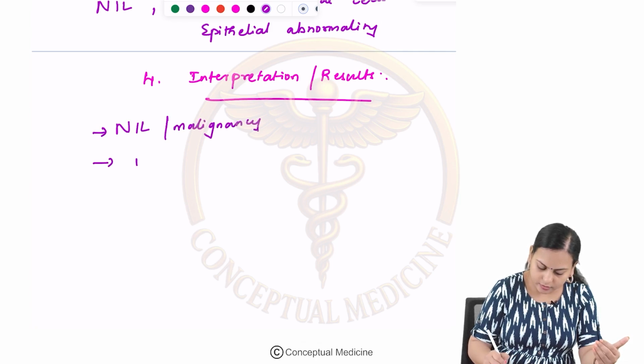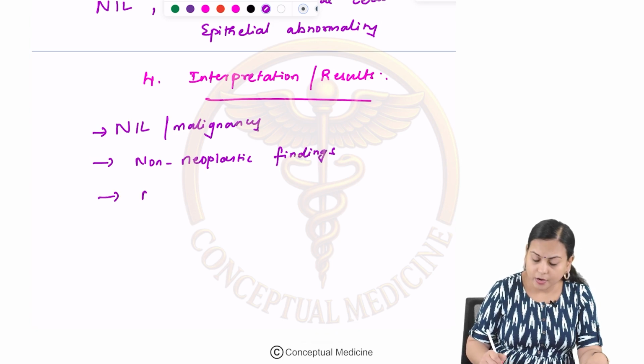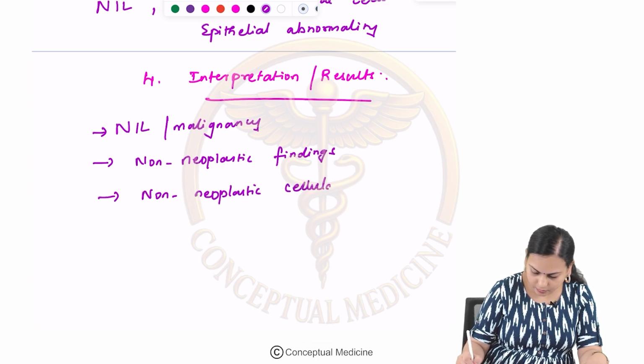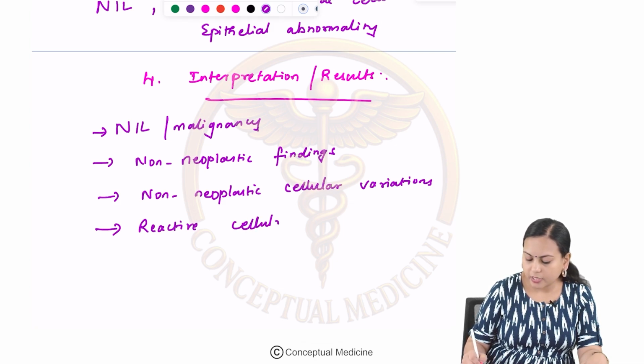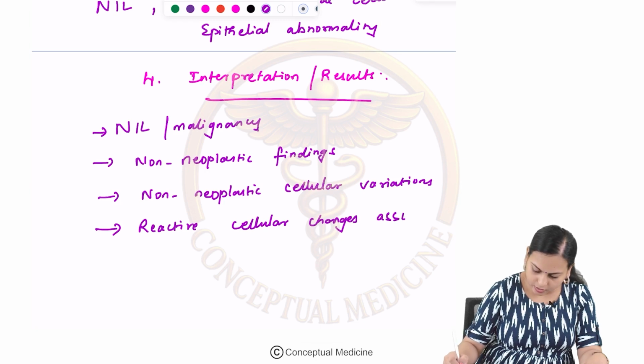Then you have only non-neoplastic findings, or you have non-neoplastic cellular variations, reactive cellular changes can be associated.